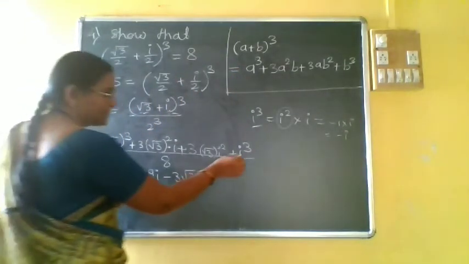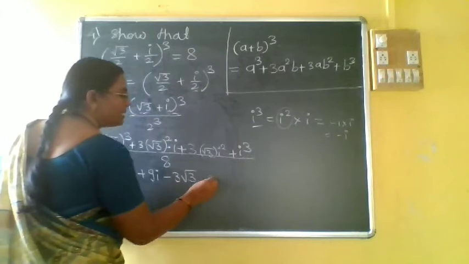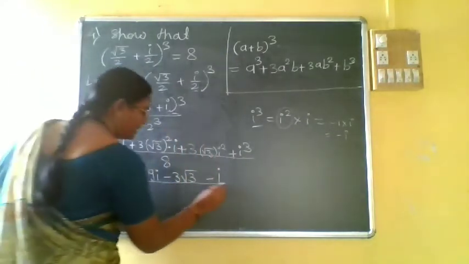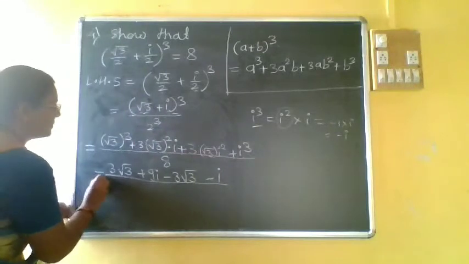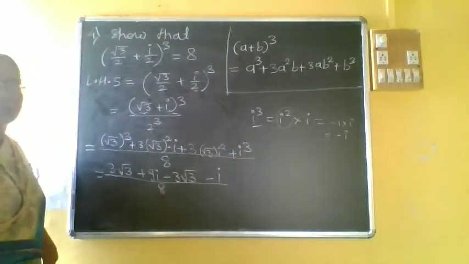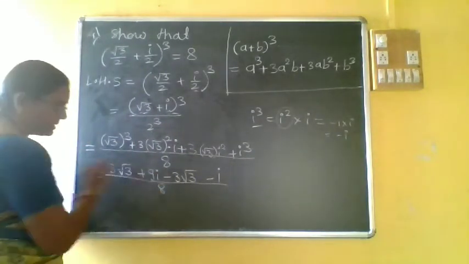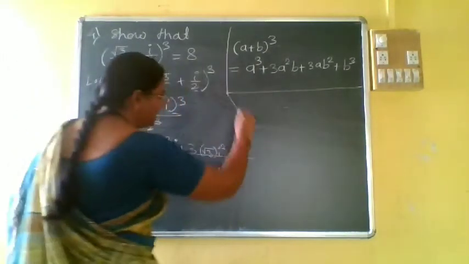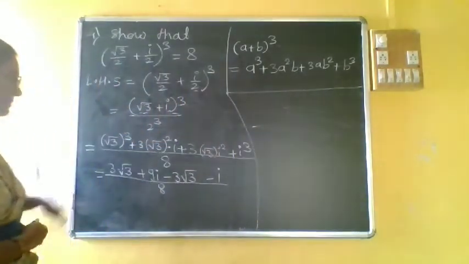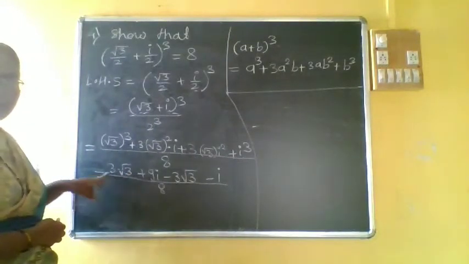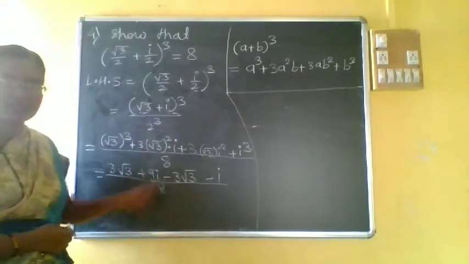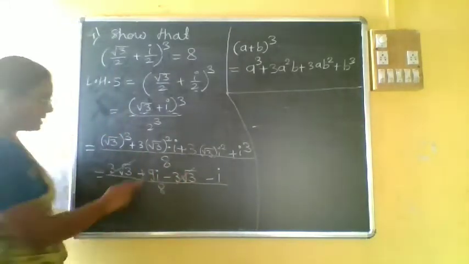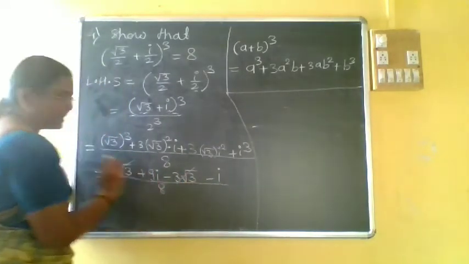The value of this plus i cube becomes minus of i, divided by 8. In the denominator we write this 8 as it is, and solve the numerator as root 3, 3 into root 3, where plus and minus terms are there. Here we cancel it. 9i minus 1i is 8i.